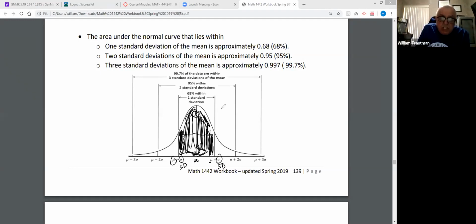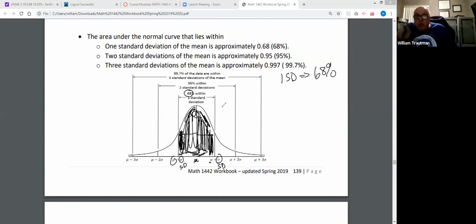One standard deviation to the left and one standard deviation to the right. We have to understand one standard deviation on both sides of the mean make up 68% of the entire bell-shaped curve. Do you see? That's 68%, one standard deviation.